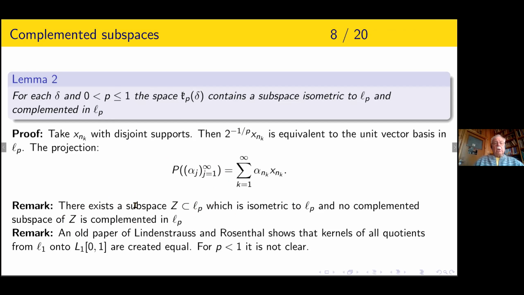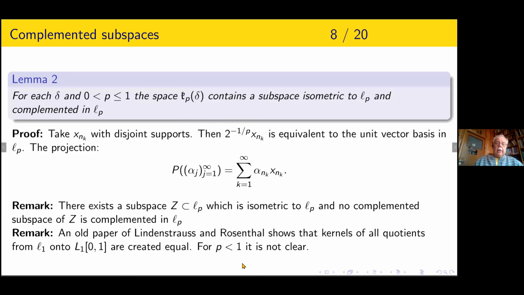Now this is important from our point of view, because later this property was very essential in the old paper by Lindenstrauss and Rosenthal, where they proved that all the kernels of maps from ℓ_1 onto capital L_1 are the same. They are isomorphic and actually located in the same way.